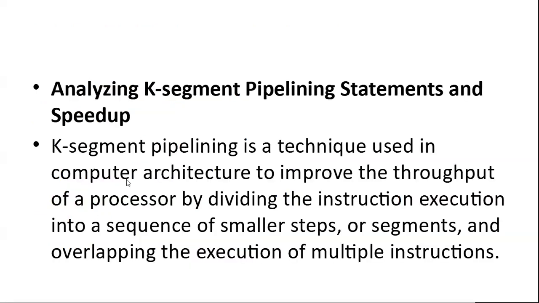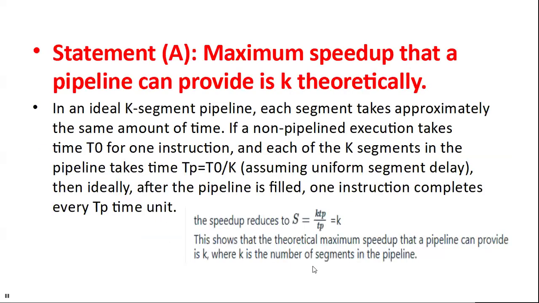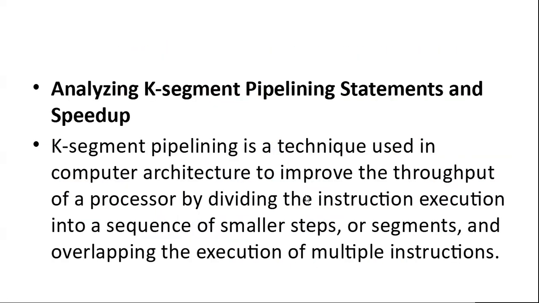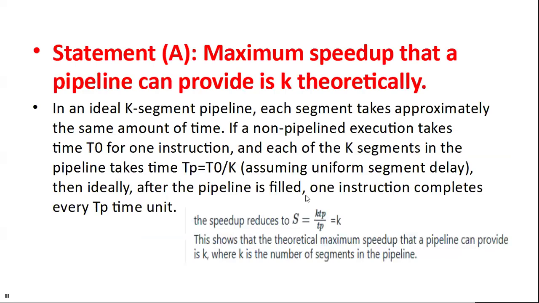Okay. First, what is K-segment pipelining? That is a technique used in computer architecture to improve the throughput of a processor by dividing the instruction execution into a sequence of smaller steps or segments and overlapping the execution of multiple instructions.